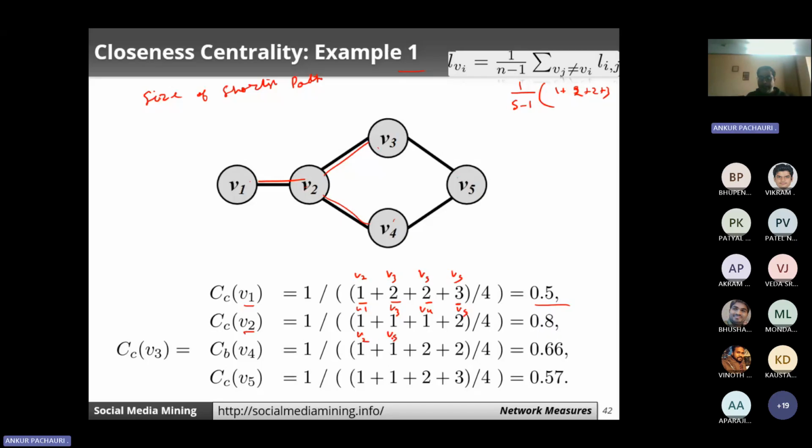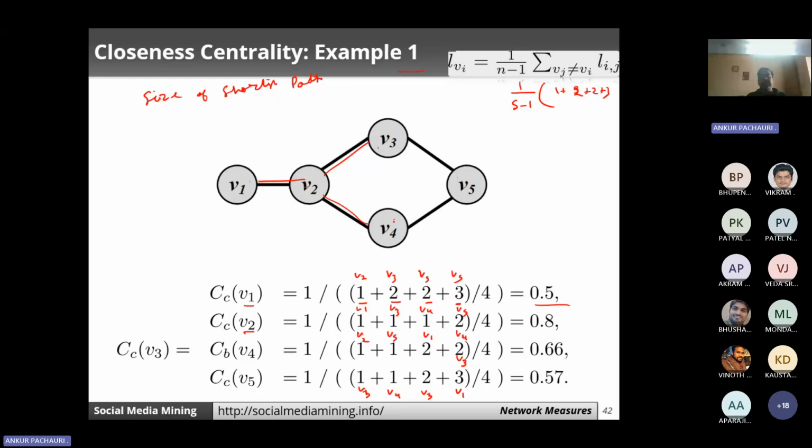So v2, v5 has a path length of 2. Similarly for v5, v1, v3, v4 have a path length of 1, 1, and then v2, and then v1.